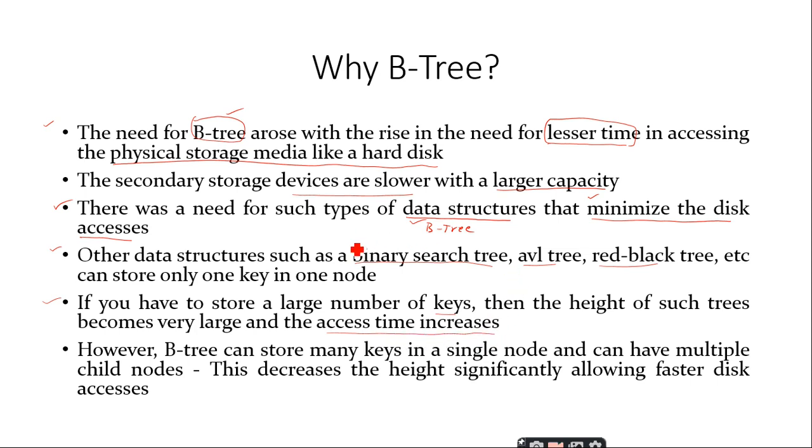So if somebody asks me, can we use the binary search tree for disk access? Yes, you can obviously use the binary search tree. But the point here is, if you have a large number of keys, you will have a binary search tree with large height. More keys, more height. Am I right or not?